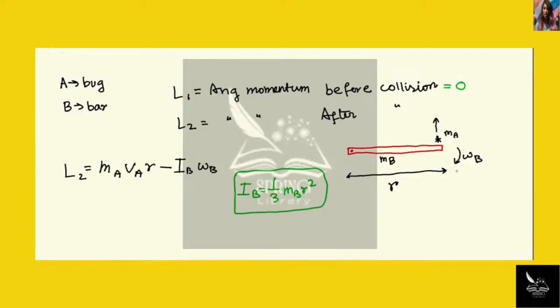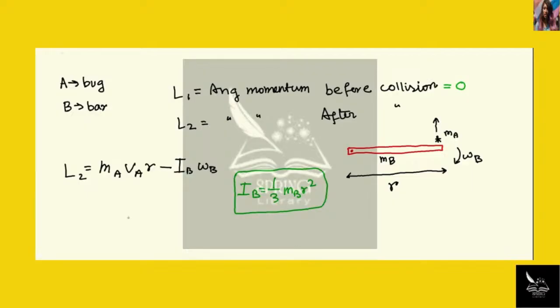Since omega b is going in the opposite direction, we put a negative sign after that, and then we put the angular momentum due to the bar, which is Ib times omega b, where Ib is the moment of inertia for the bar. Now since the bar is pivoted at one end, Ib will be 1/3 mb r squared.